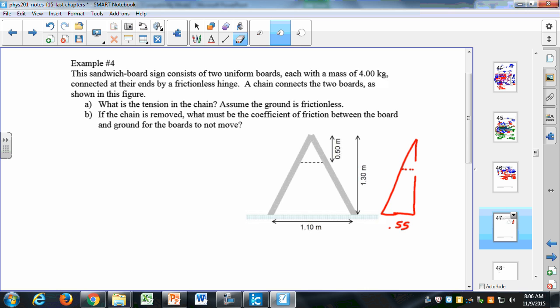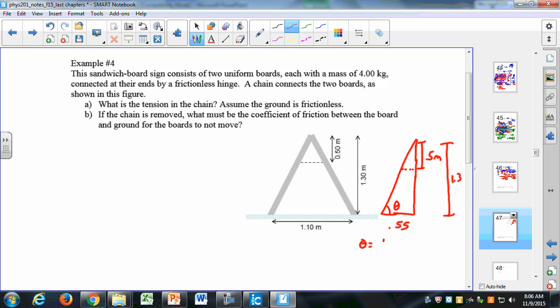So the total distance is 1.3 meters, but this distance is just 0.5 meters. I can find this angle. I'll call it theta. Theta is equal to the inverse tan of 1.3 over 0.55. That's 67 degrees.